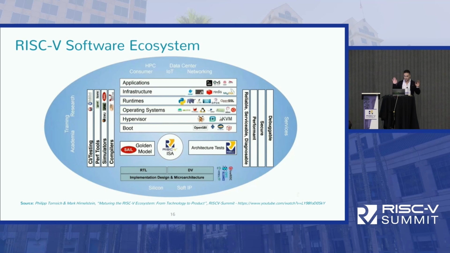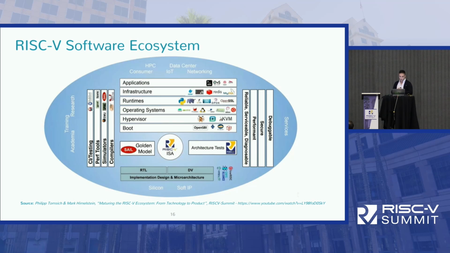Well, I basically gave an overview of the RISC-V hypervisor extension specification. So what I'm doing now is to provide the audience with the big picture in terms of the hardware and software ecosystem. This image is from the presentation by Philip and Mark last year at the summit.